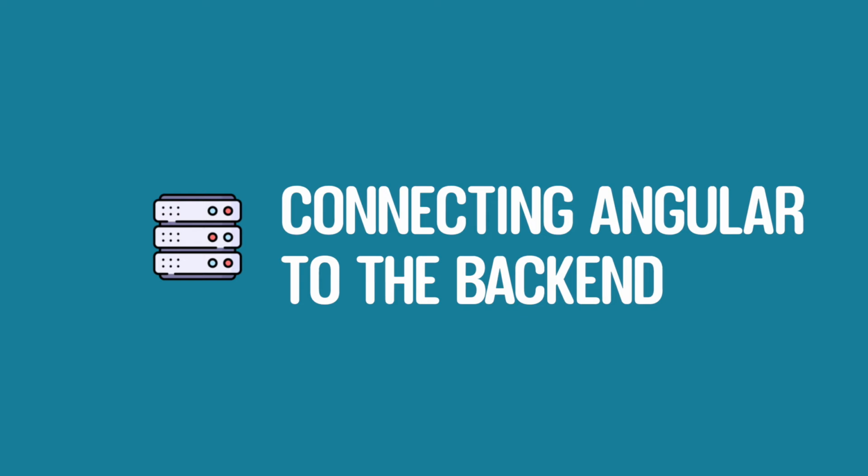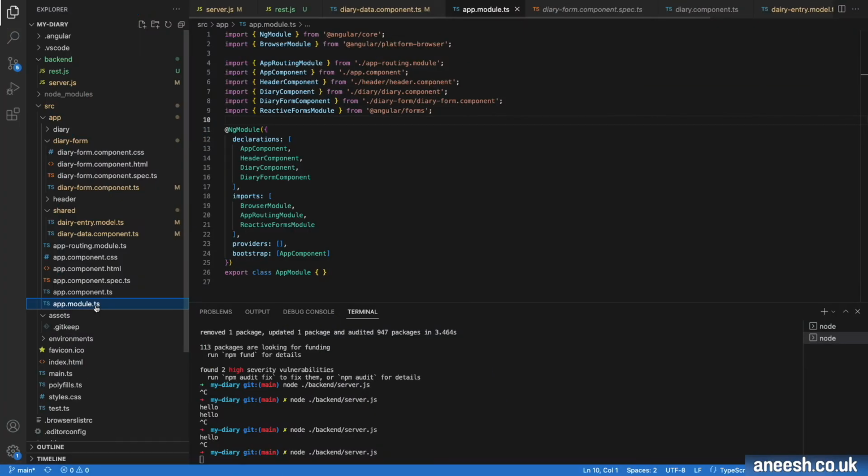In our Angular single page application, we will want to update the current getEntries method from our diary data service to now send an HTTP request to our backend service, and Angular makes this really easy for us to do with its out-of-the-box methods from its HTTP library.